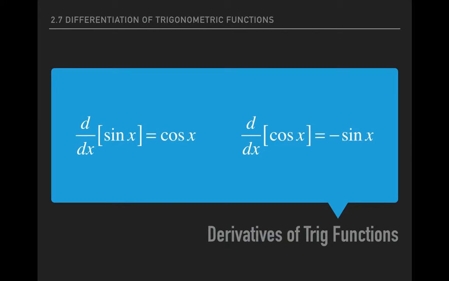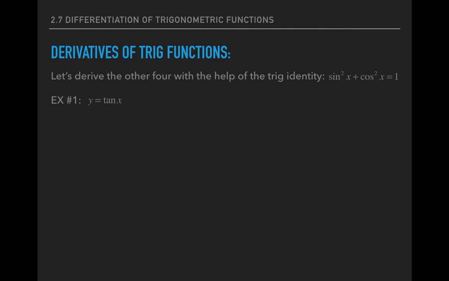But now using these and a trigonometric identity, we are going to derive the rest of your trig functions because there are 6 of them. So we only have 2, and we're going to use this trig identity, the fact that sine squared plus cosine squared equals 1, to find them. So let's get started here.